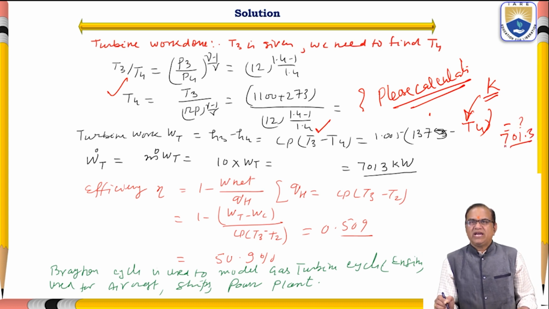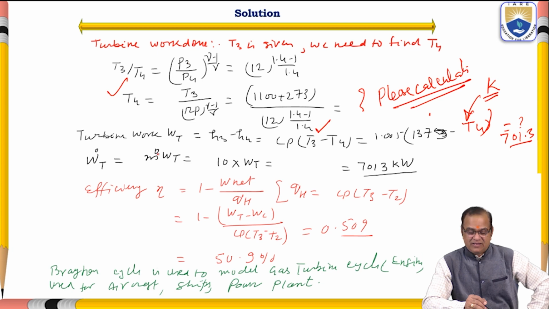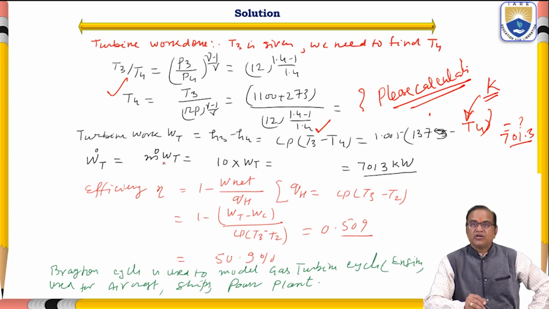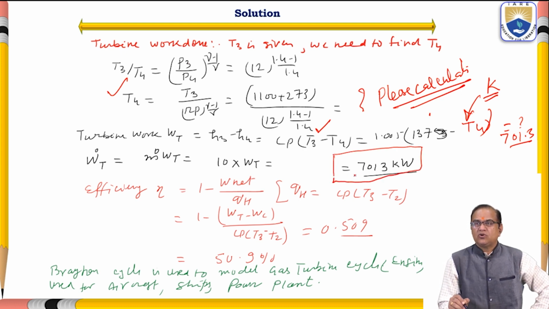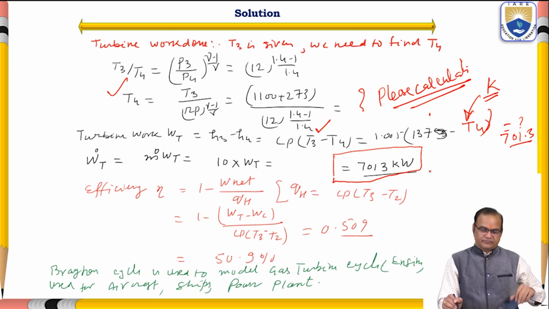You will get 701.3. Okay. Now the rate of work done, the mass rate is given as 10 kg per second. So here, 10 into Wt. So 701.3 into 10, you will get 7013 kilowatt. So the work done by the turbine is 7013 kilowatt.